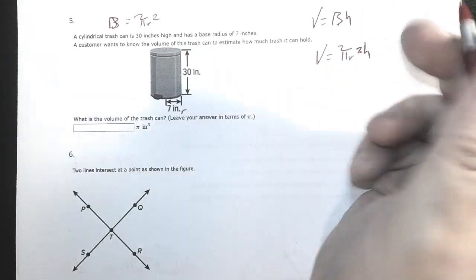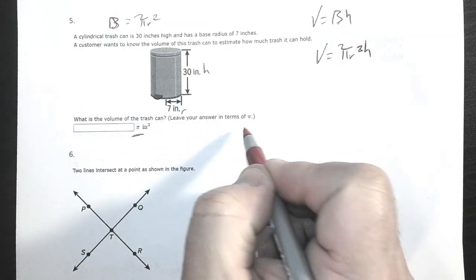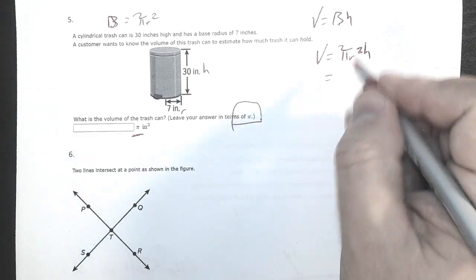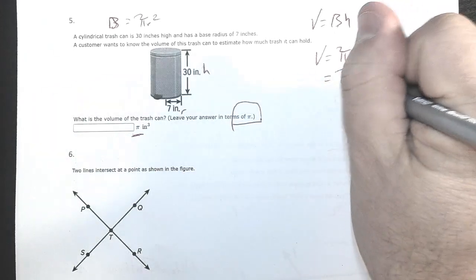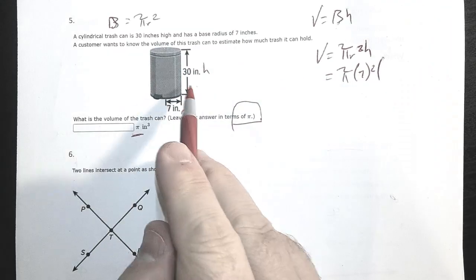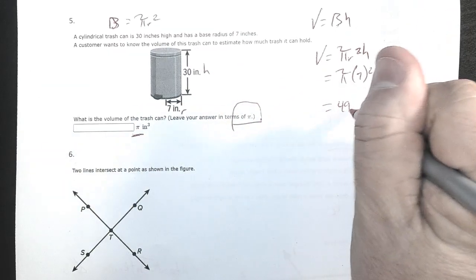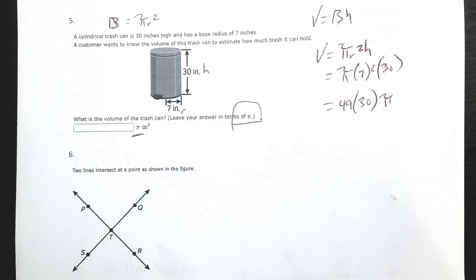Obviously, this is the radius, this is the height. They want the answer in terms of pi. So we're going to leave pi. So we're going to fill in, so pi times, the radius here is 7, so 7 squared, and then 30 is the height. So 7 squared is 49 times 30, and then we've got pi.